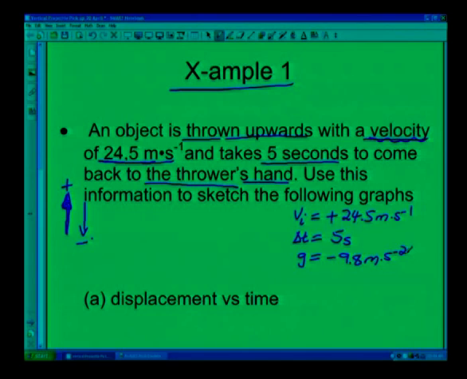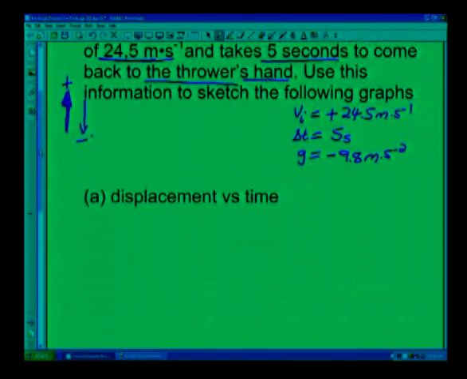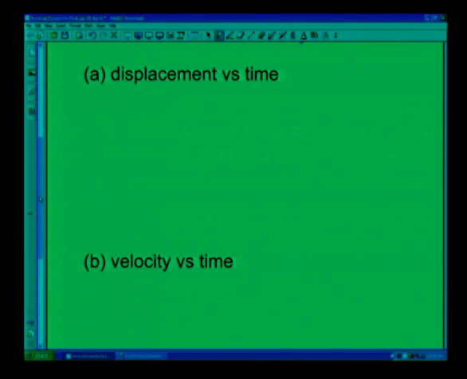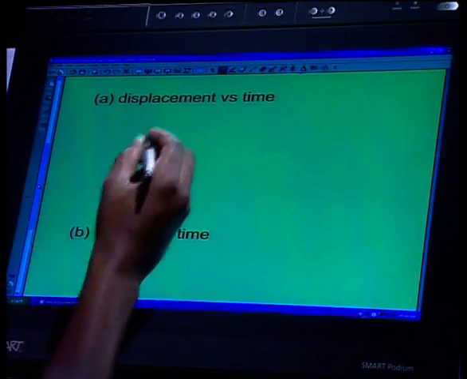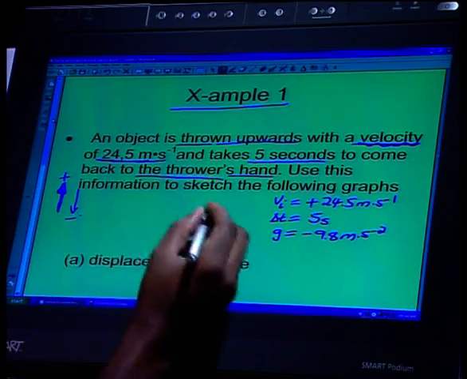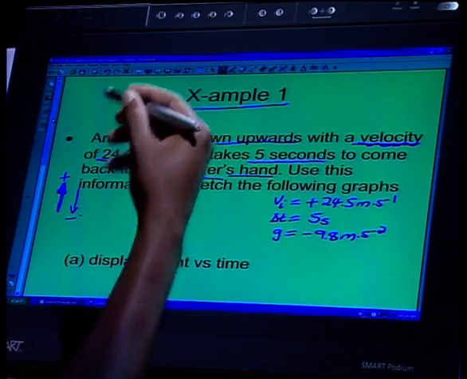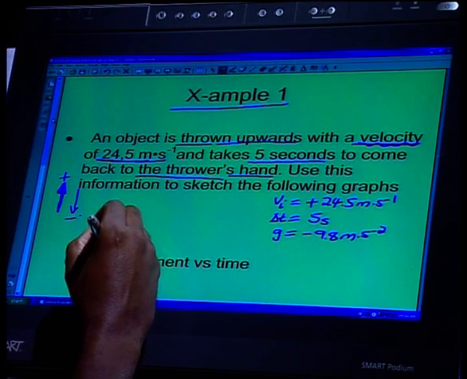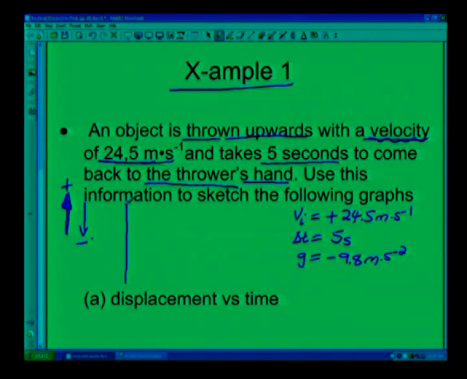Now, the first question here is: from this information, can we sketch a displacement-time graph? We know that when something is thrown upwards, it's going to go up, reach a point, and come back along the same path.